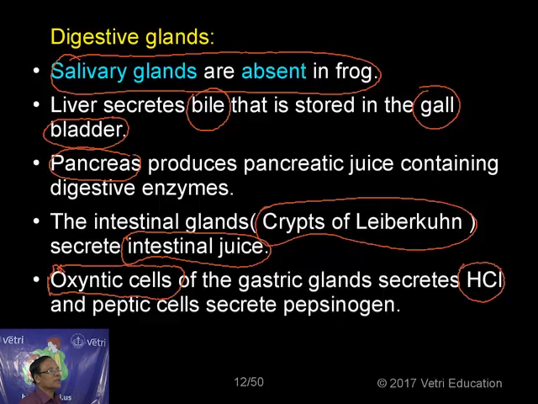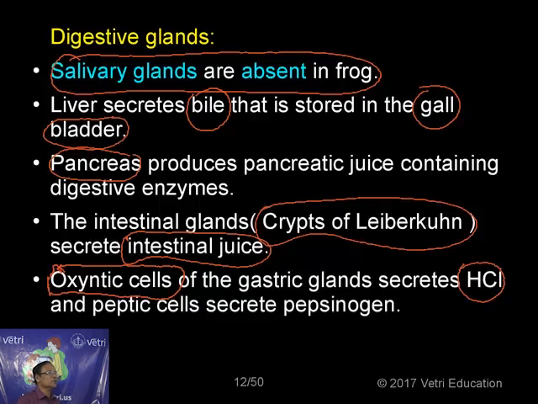The cells secrete hydrochloric acid to maintain an acidic pH, because the gastric juice contains some enzymes, particularly protein digesting enzymes. These protein digesting enzymes are capable of working only in an acidic pH of 1.5 to 2.5. They need an acidic pH for their action.